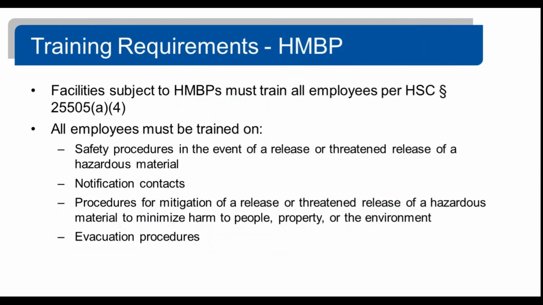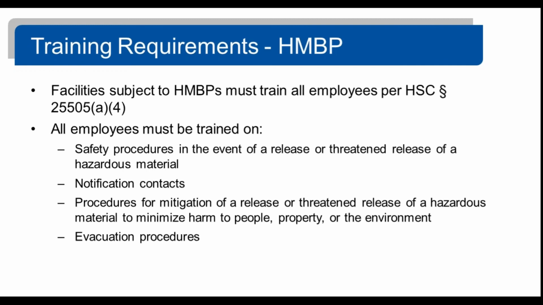Now, these training requirements for facility personnel are not spelled out in state regulations, but rather in the Health and Safety Code, section 25505, paragraph A4. What is required for facilities that are required to develop and implement a hazardous material business plan is that all employees are trained.